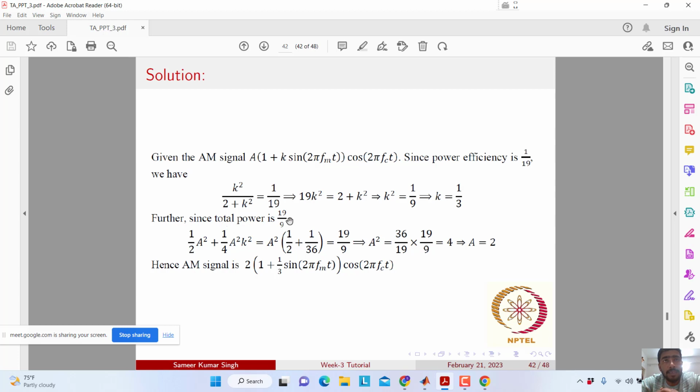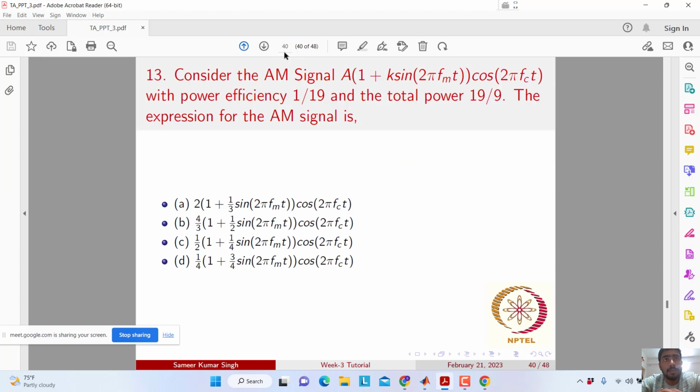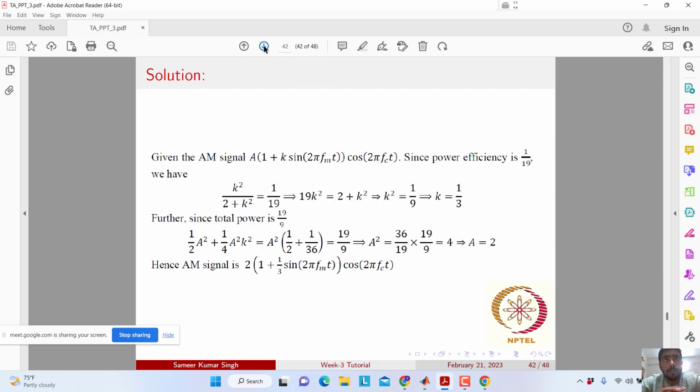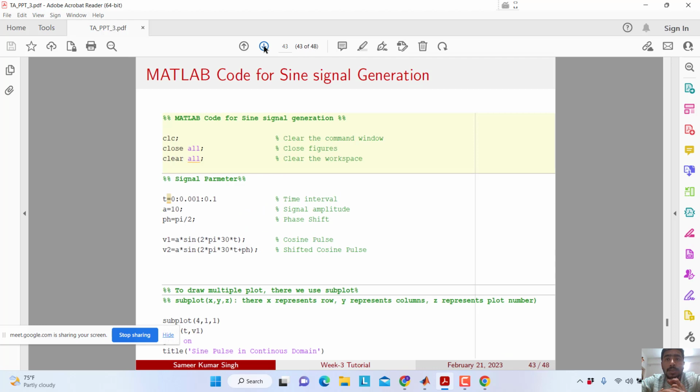And given the total power is 19 by 9, by using this we can calculate the A. That will become 2. So just put the value of the A and K. So A part is the right answer. Okay, that was the last question.